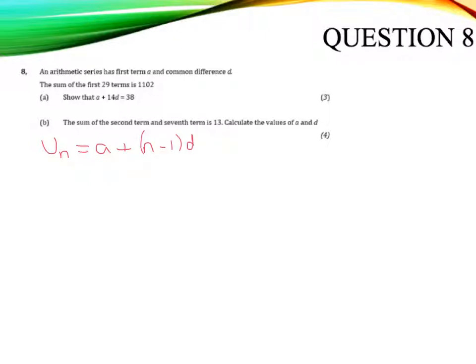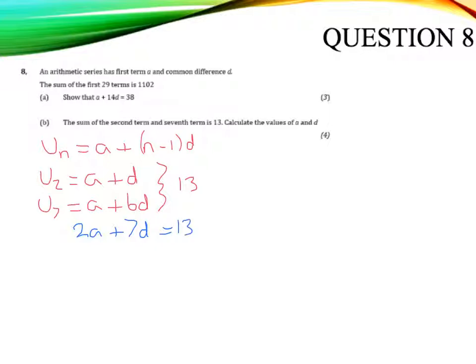This is for individual terms, and we've been told u2 is a plus d, and we've also been told u7, which is a plus 6d, and these two things, if I add them together, come to 13.